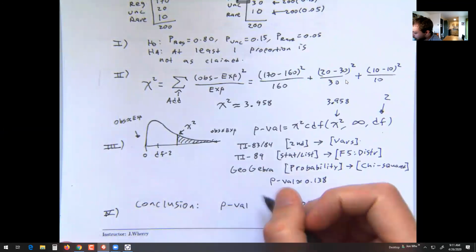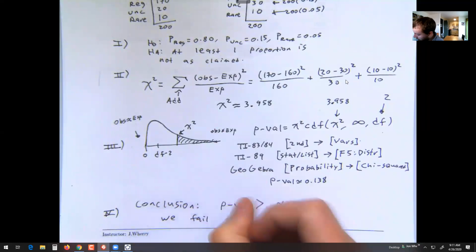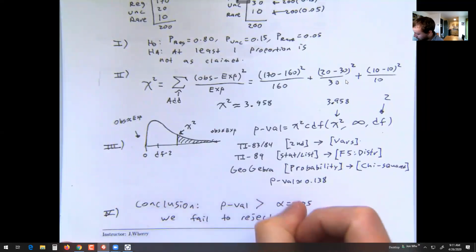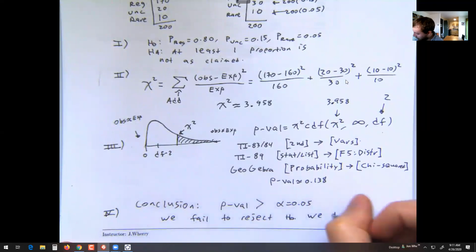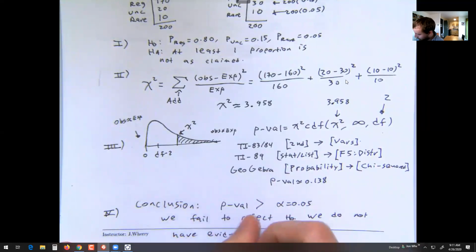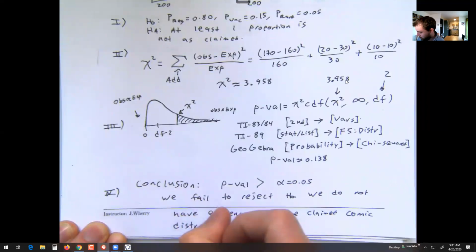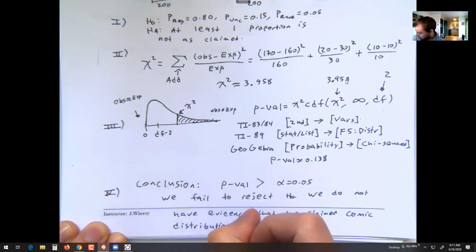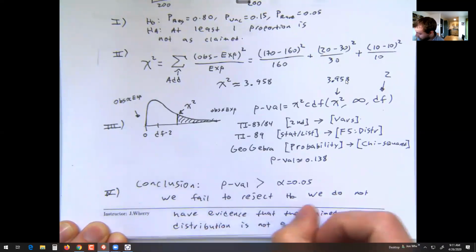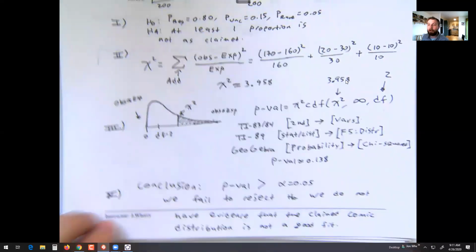If your p-value is large, like it is in our case, we fail to reject the null hypothesis, and we do not have evidence that the claimed distribution is not a good fit. So we don't have evidence that it's unfair.